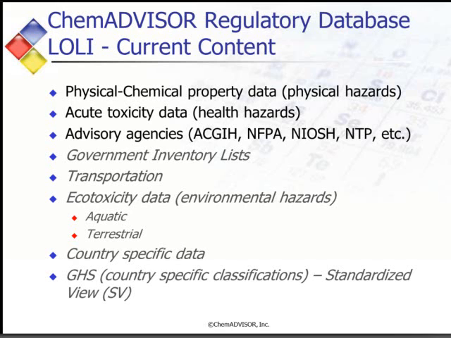Additional information that is recommended but not required by OSHA include government inventory lists, transportation information, ecotoxicity data to address environmental hazards, as well as country-specific data, and again, those GHS country-specific classifications that are presented in a standardized view. So I'll go over that in a few slides here.